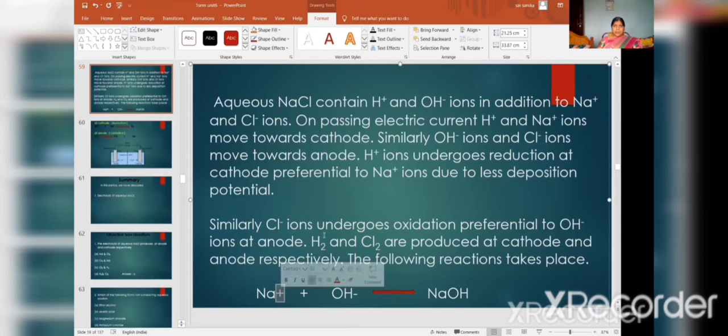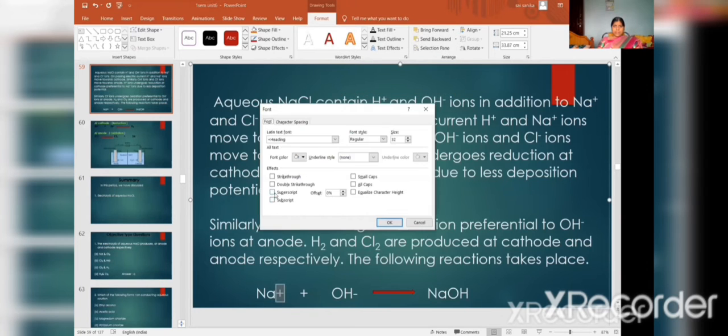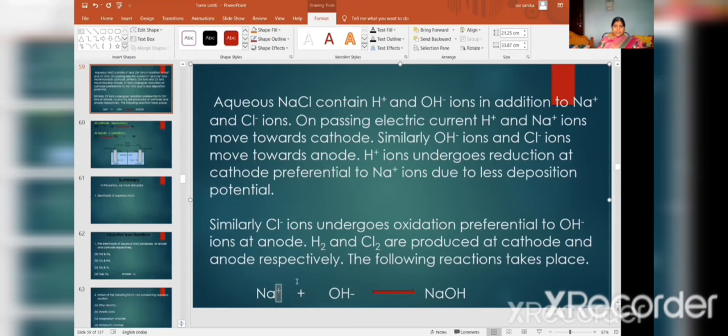So what is the product formed in the electrolytic cell? Sodium hydroxide is formed in the electrolytic cell. He is asking not at the electrode.